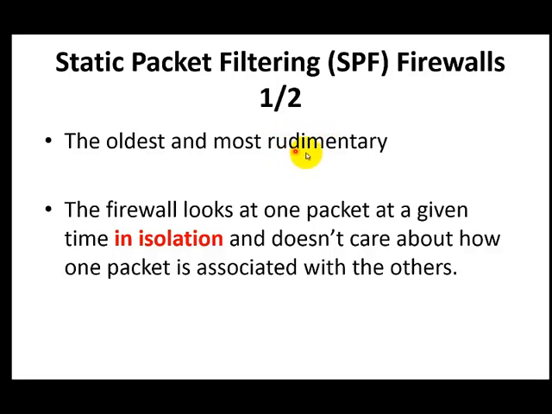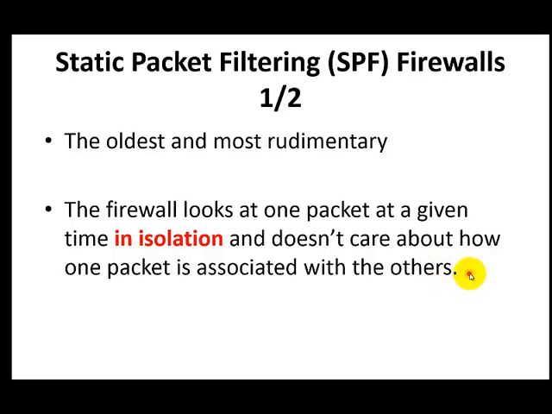So it has a lot of limitations, and we'll talk about those limitations one by one in the next slide. But probably the biggest limitation is the fact that the firewall looks at only one packet at a given time and in isolation. So it doesn't really care about how one packet is associated with others, as stated here.